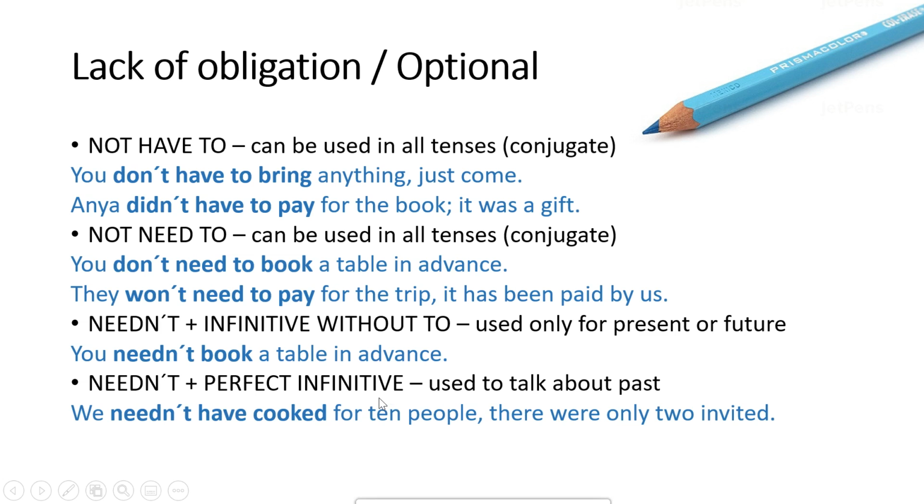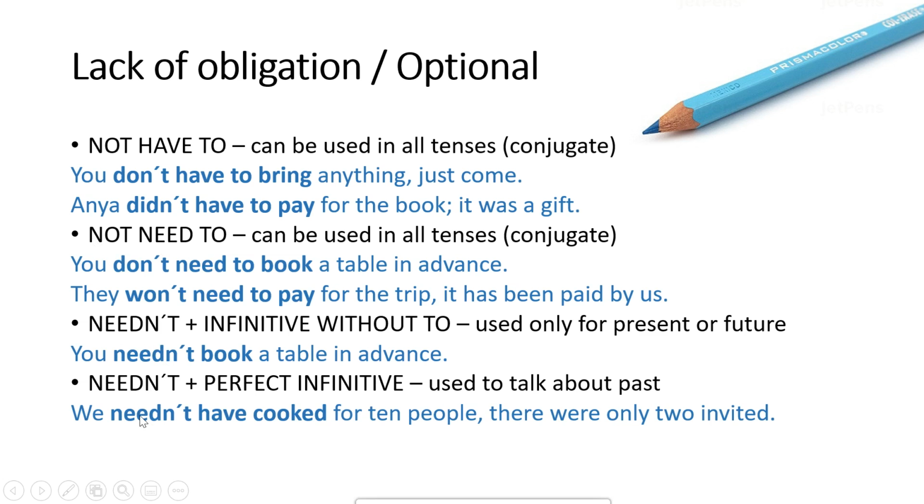Anyways, the meaning is the same. So if I say, you needn't book a table in advance, is the same as if I said, you don't need to book a table in advance. The meaning is the same. It's just that you've got two possibilities here, to use a verb or to use a modal.